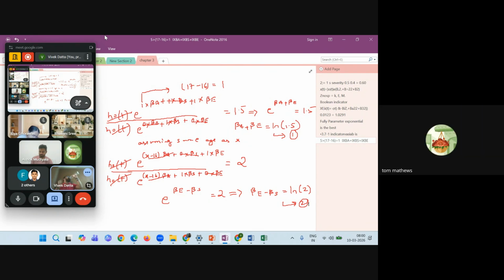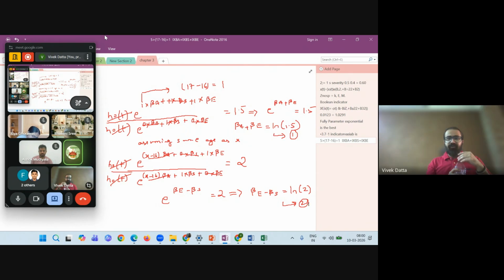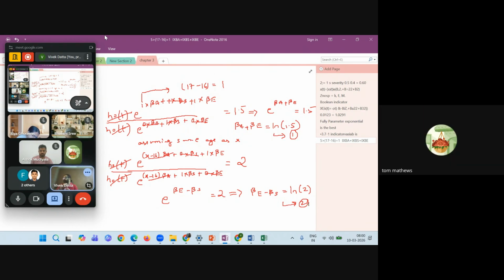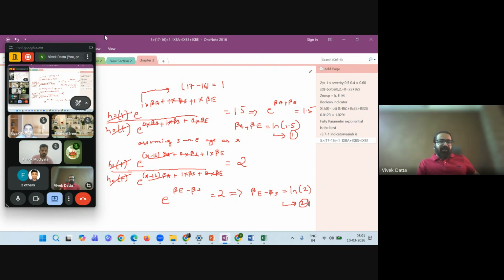There are three unknowns and two equations, right? There is a third equation, which I have not yet done. If you have already solved, please move on to the third equation.